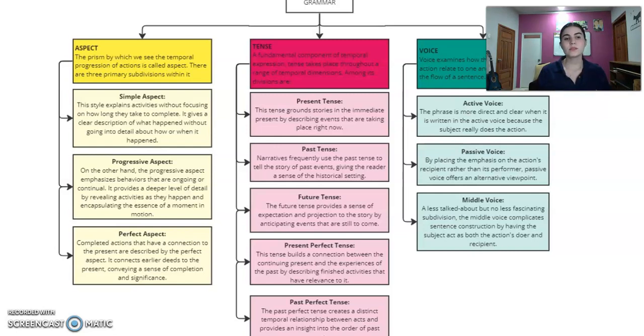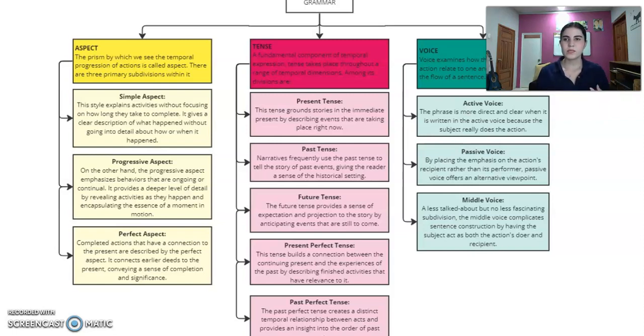Then we have the progressive aspect, which emphasizes behaviors that are going to continue. That means it provides a deeper level of detail about the actions, and we can find the sense of a moment. And then we have the perfect aspect, where we find completed actions that have a connection to the present.